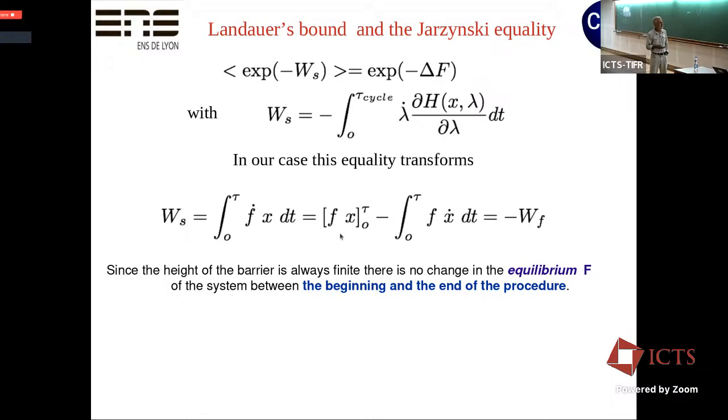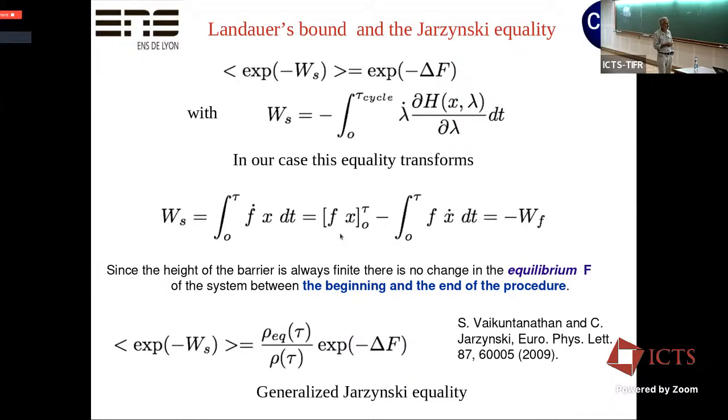The problem is that you have to use an extension of this equation that was derived later by Vaikuntanathan and Jarzynski. I don't know whether I pronounce this name correctly, but the idea is the following: you are forcing the system into a situation that is not the equilibrium one.